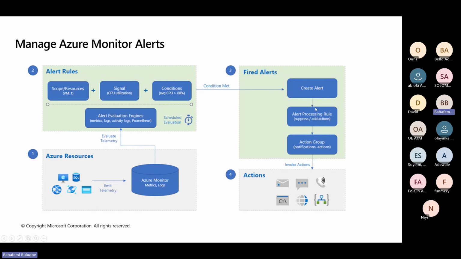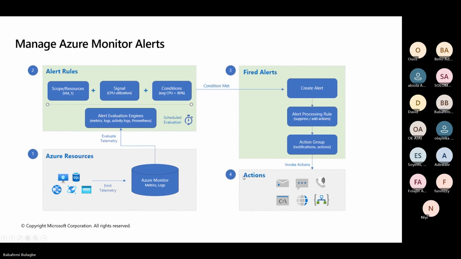And this alert is now sent to the action group, which, like I said, contains a unique set of recipients. The action might be that we just want to get a message, we want to get a call, or you want to even remediate the process, maybe by auto-scaling within your Azure Monitor.